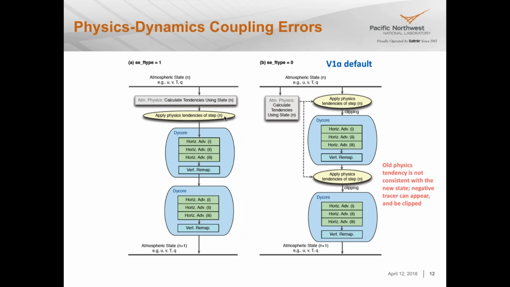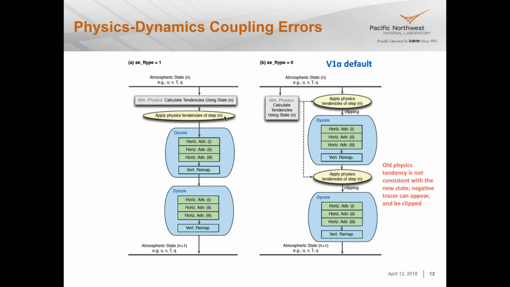Next page. Here I show the diagrams of the physics-dynamics coupling in the EAM model. So the red panel shows the V1 alpha default. You can see that the atmosphere physics tendency is applied 2 times in the dynamical core. After the first physics tendency application, there is clipping, and then the dycore calculation.